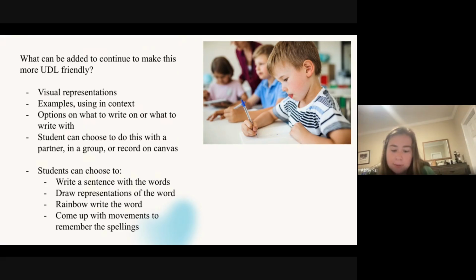And so being able to give them options and have them try different ways that they like to engage with the content is important to kind of guide their thinking. And so giving them these options of how they can do it, I think is important as well.